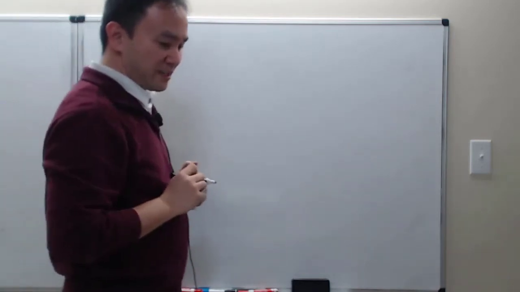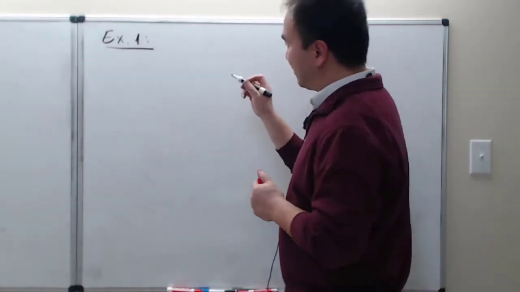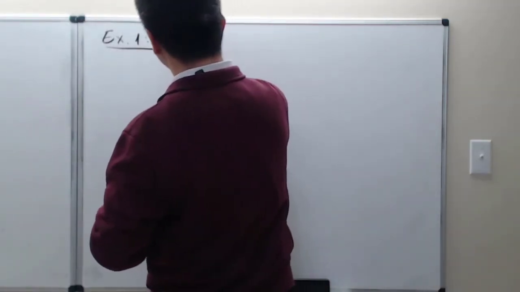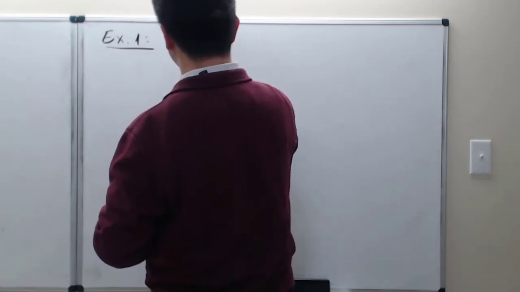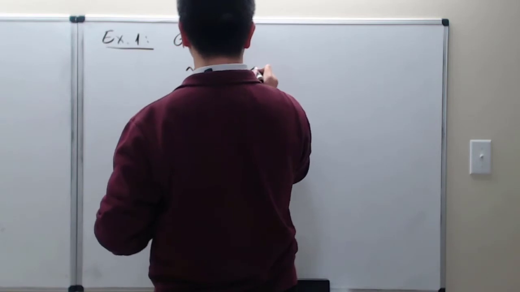For my example 1, I'm going to start out by saying we are given an equation. So how about x squared plus y squared equals 4.